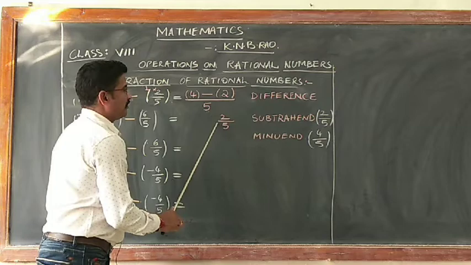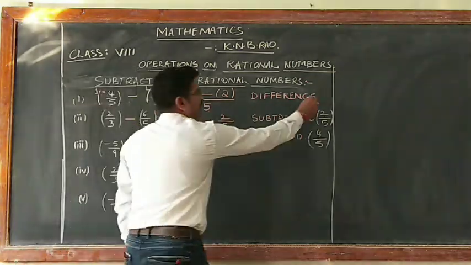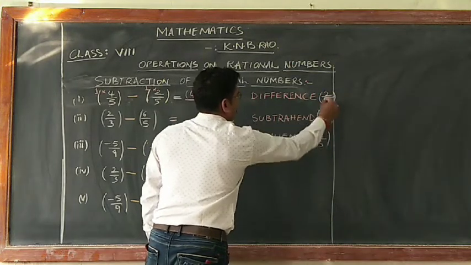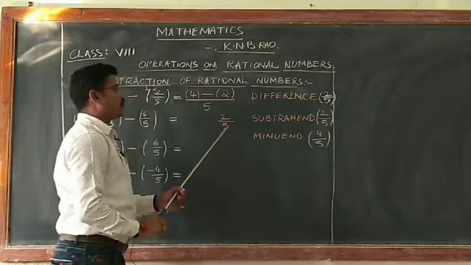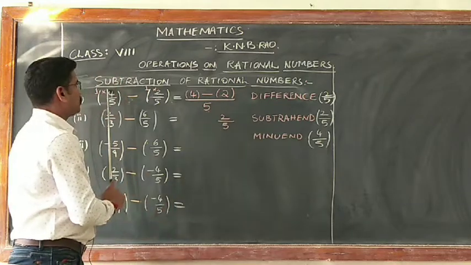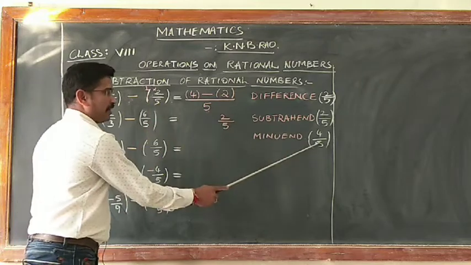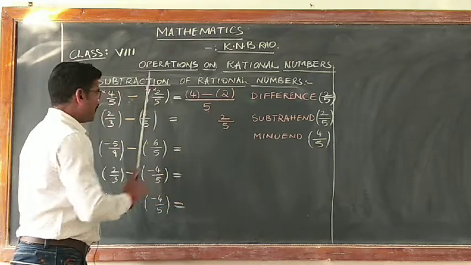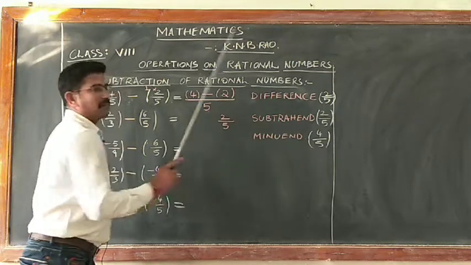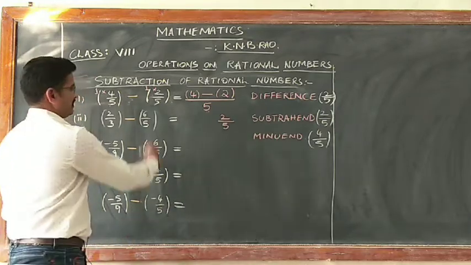This 2 by 5 is called the difference, which is the result of subtraction of the two rational numbers, and 4 by 5 is the minuend from which we are subtracting 2 by 5. This 2 by 5 is called the subtrahend. Now we will do the rest of the examples.